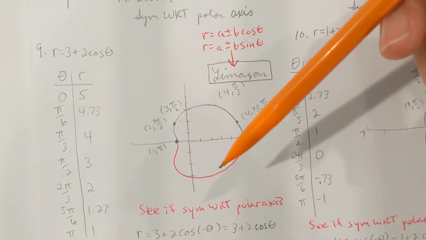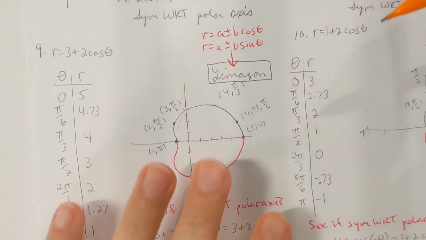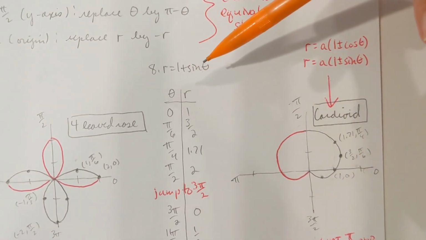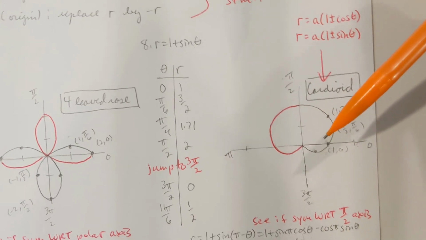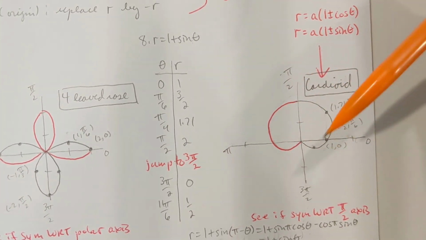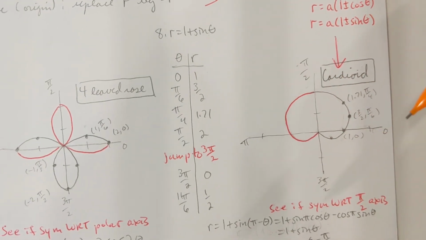And we'd be looking at a limaçon top to bottom rather than left to right. In this case, if I had r equals 1 plus cosine theta, that would still be a cardioid. It's just the cardioid wouldn't be top to bottom; it'd be left to right. It'd be a rotation through the pole. So something to keep in mind.